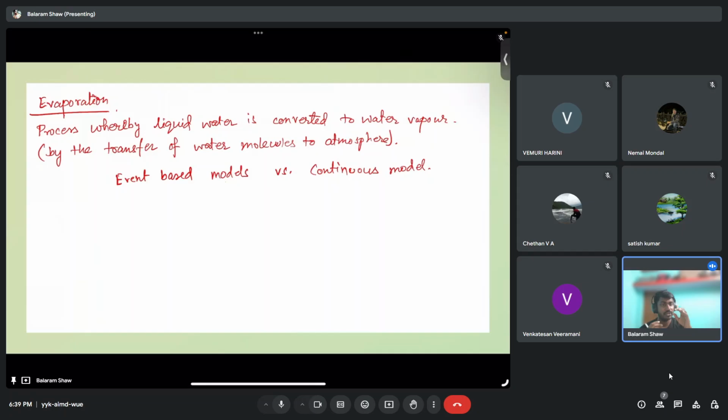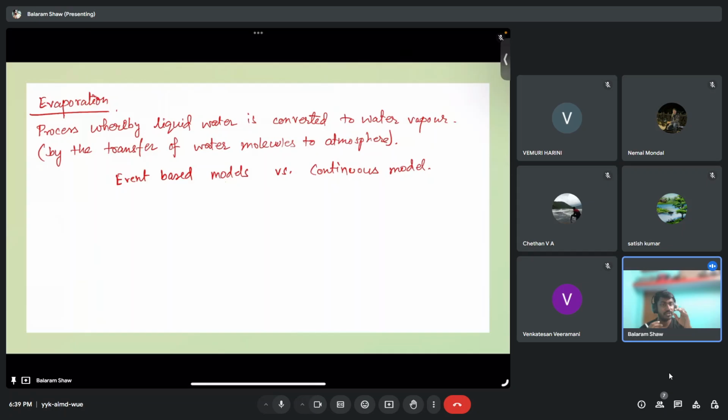This is given by Dalton. Dalton's law of evaporation says that the rate of evaporation is directly proportional to the difference between the saturated vapor pressure and the actual vapor pressure in the air.